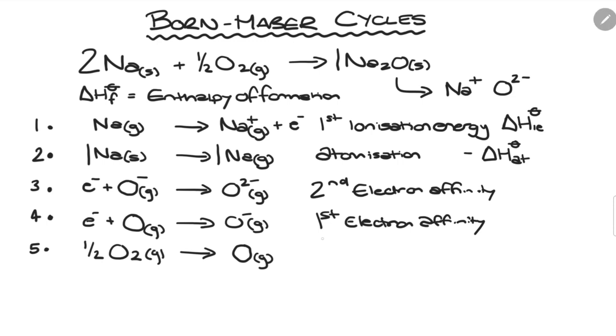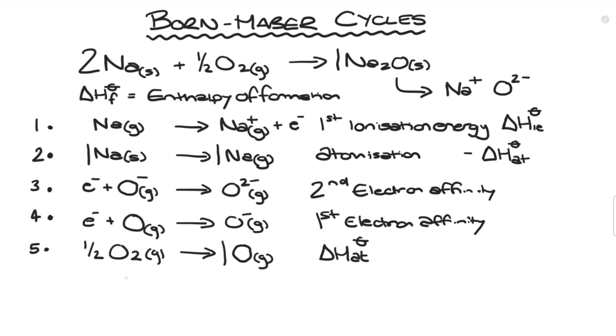This is, again, like it was for atomization of sodium, the atomization of oxygen. This is producing 1 mole of an oxygen gaseous atom. So it's identical in process to equation number 2 there.